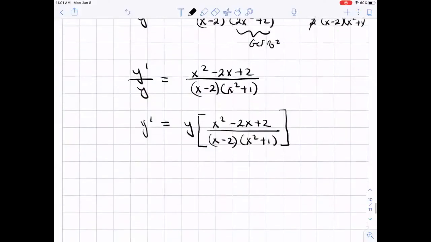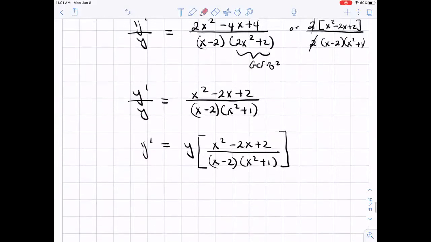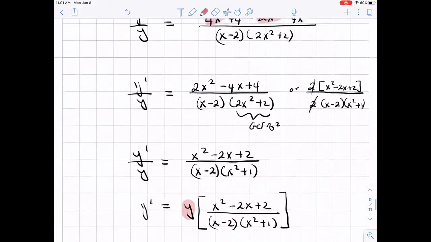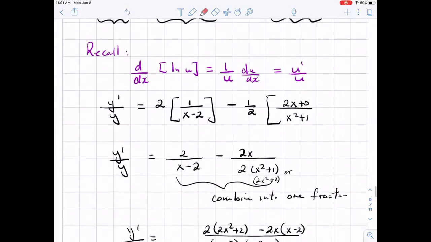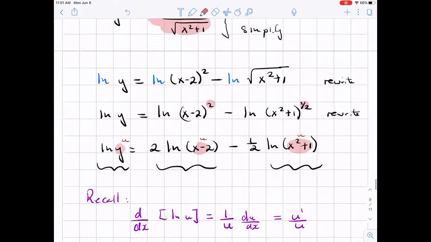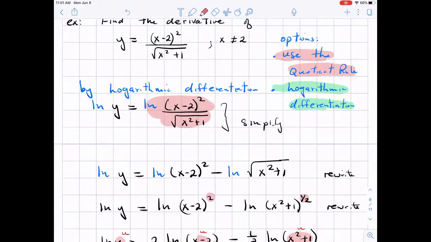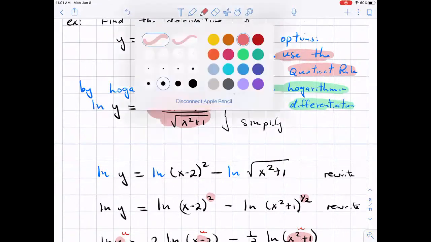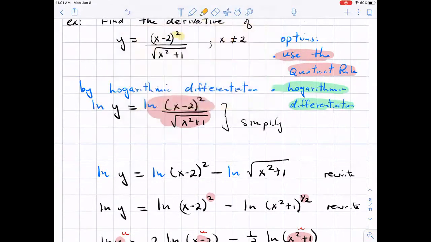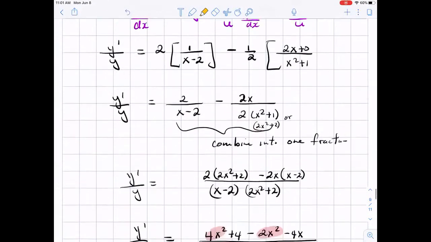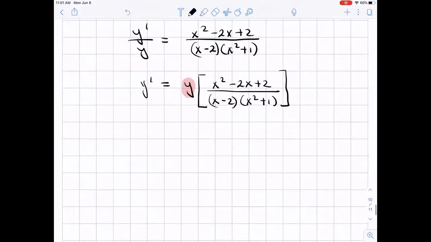Now, keep in mind that you were given y from before, okay? So you know what the value of y is. Y is the function up here, okay? So this here is your function y. So we can plug in what the value of y is.